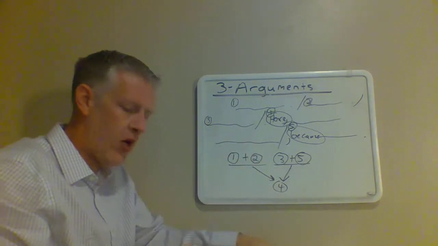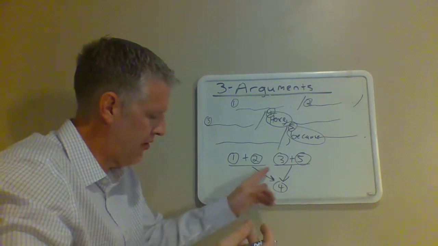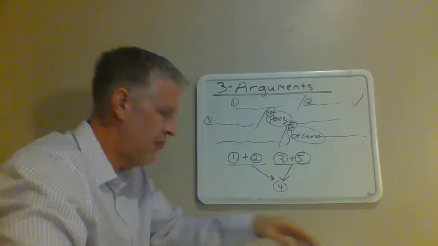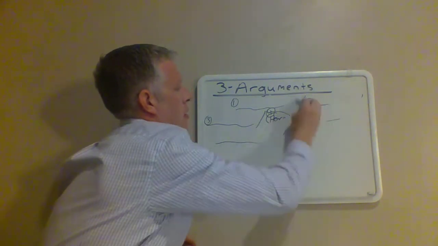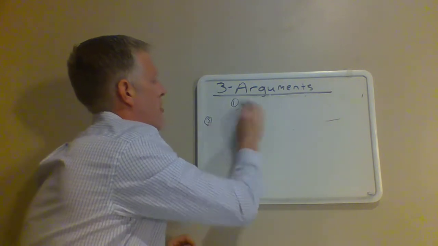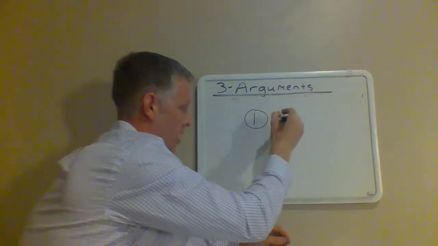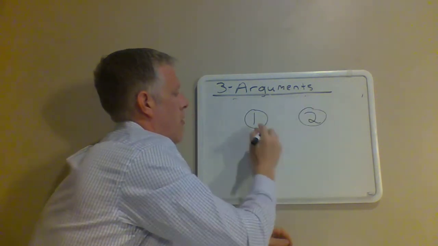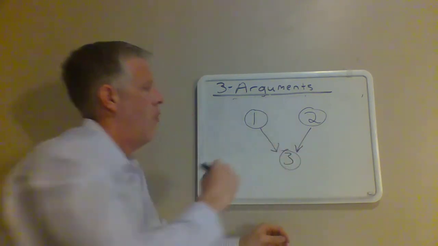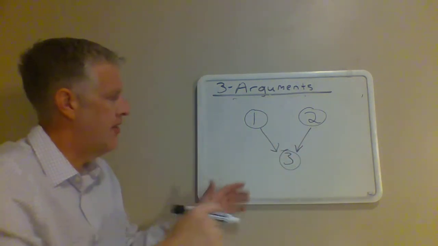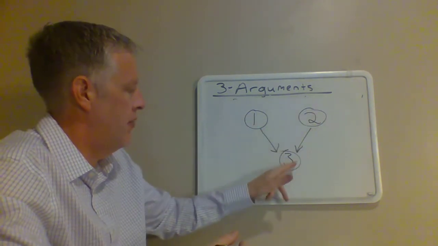Moving on to slide 18. I already said what's at the top there, what the arrows signal. Then I give you an example. Let's say we had this as a diagram. What this is telling us is that this is offered as a reason to believe this, and likewise this is offered as a reason to believe this.